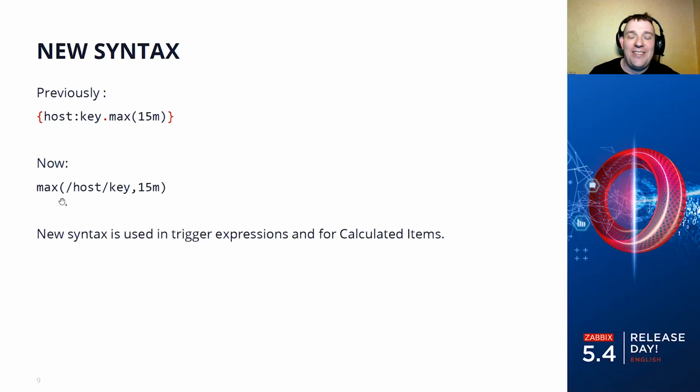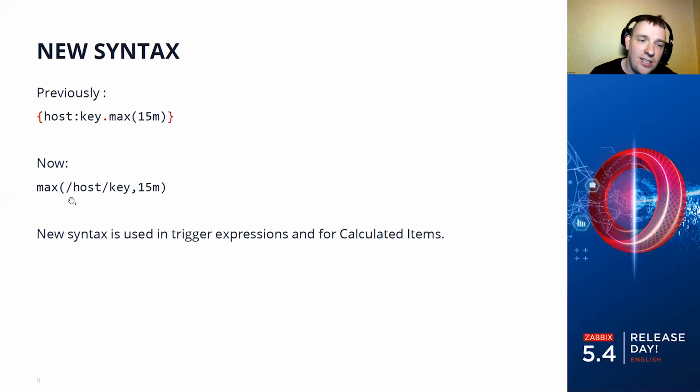Now, the unified syntax will always start with the function, and this will let us use recursion. Some functions support multiple arguments, and we can put a function inside a function. That's a big thing. It was a limitation before. That's the reason we start with the function, so we can have functions inside.